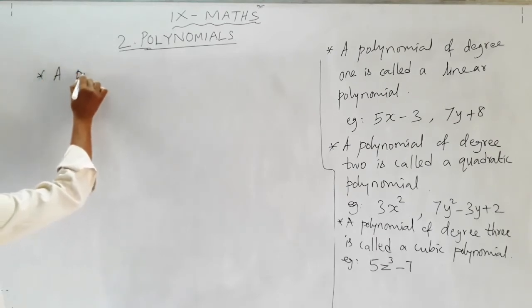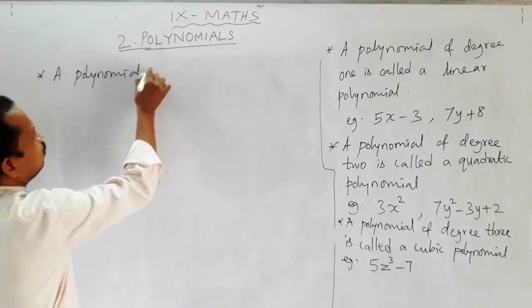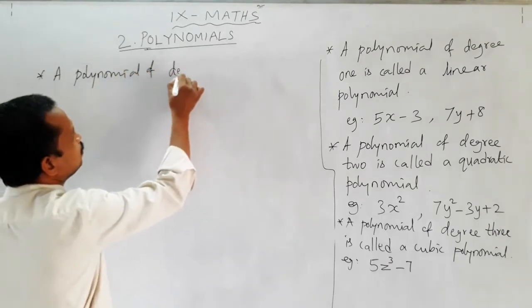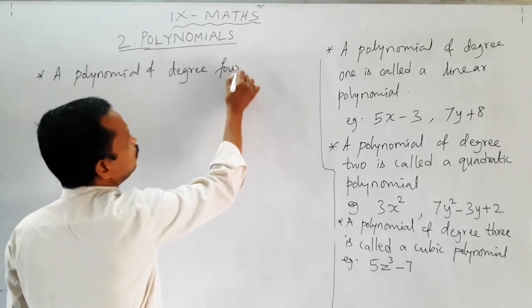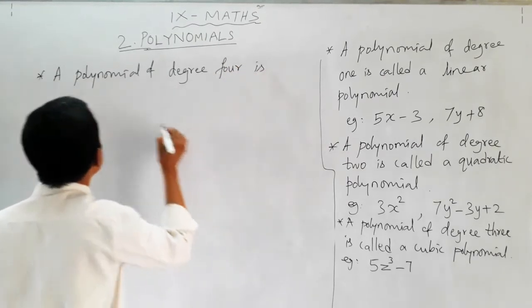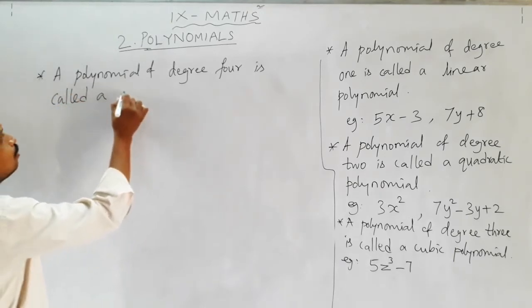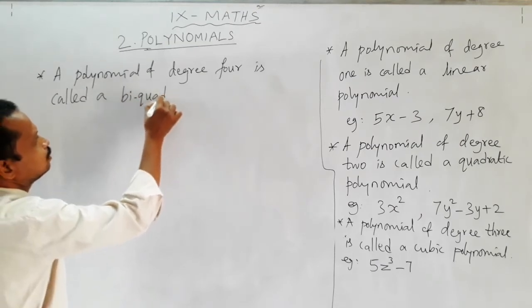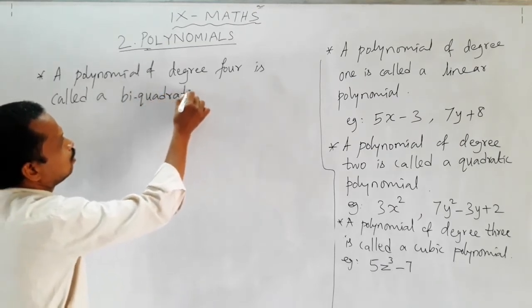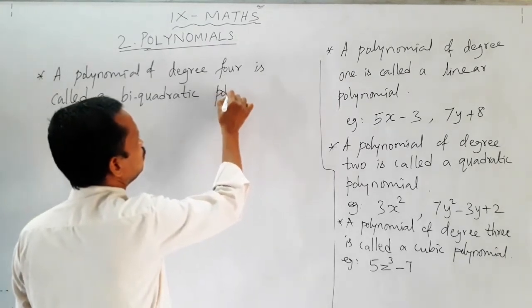A polynomial of degree 4 is called biquadratic. You see the word biquadratic polynomial.